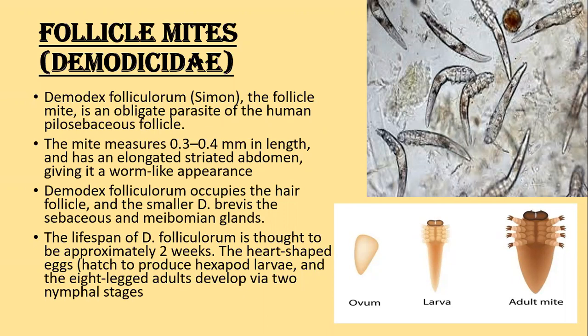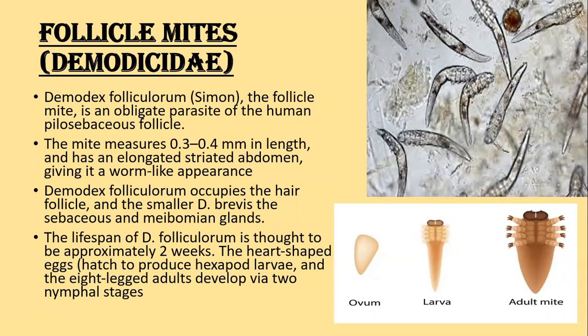So in length and in diameter, it is perfect to fit into the follicular orifice. Demodex folliculorum occupies the hair follicle, and the smaller Demodex brevis, sebaceous and meibomian glands.